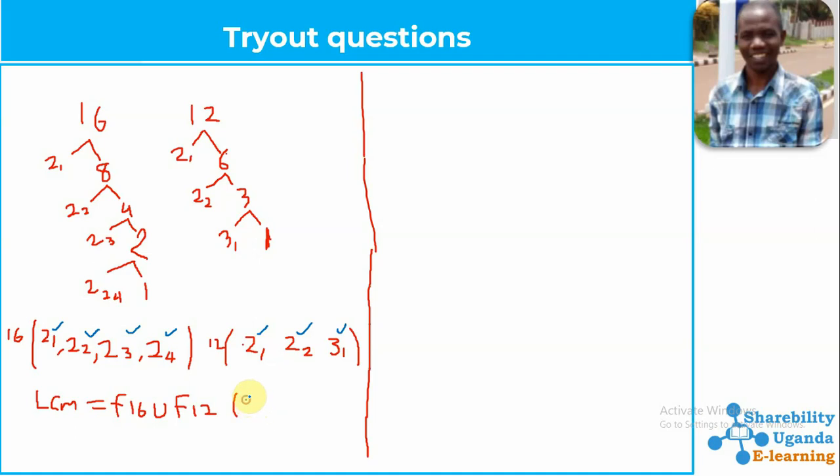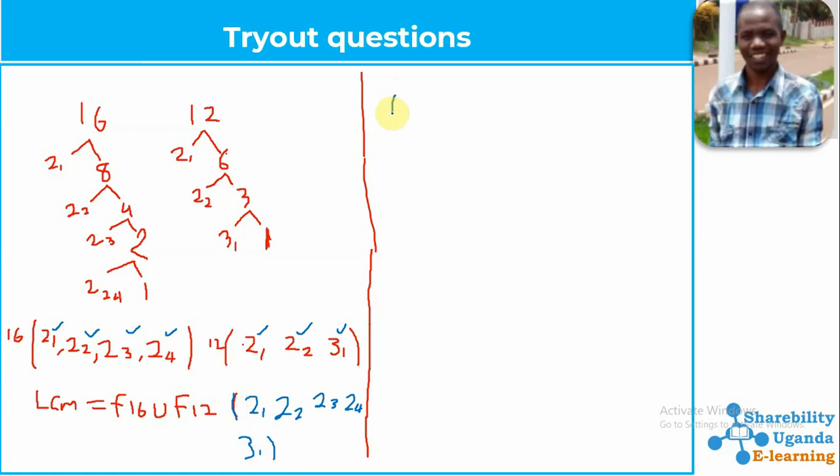So here we have our 2^1, our 2^2, our 2^3, our 2^4. Also, as a continuation, we have our 3^1. So this represents our union of sets.